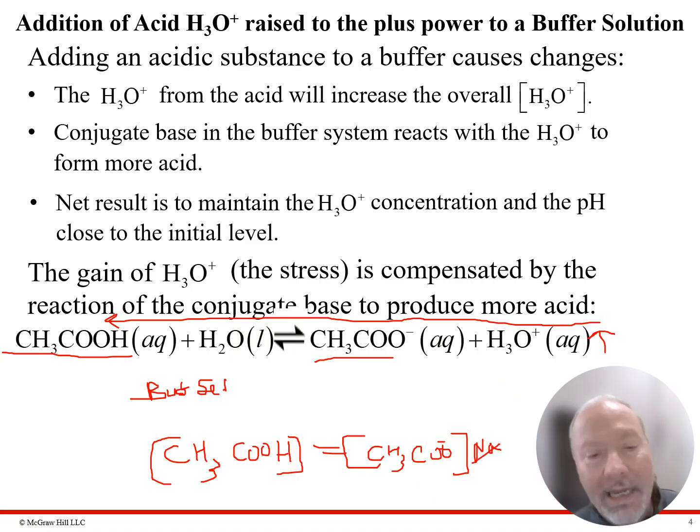So the acetic acid concentration equals the concentration of the acetate ion, and that would give us a start for any artificial buffer that we would create.